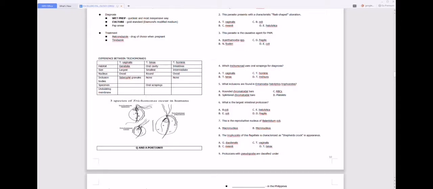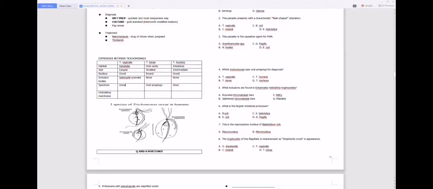For Trichomonas hominis, it is found in the intestines, right? So what sample will you use? You will use a stool sample. For Trichomonas vaginalis, it is found in the genitalia. So what are the specimens that you will use? You can use the urine specimen.